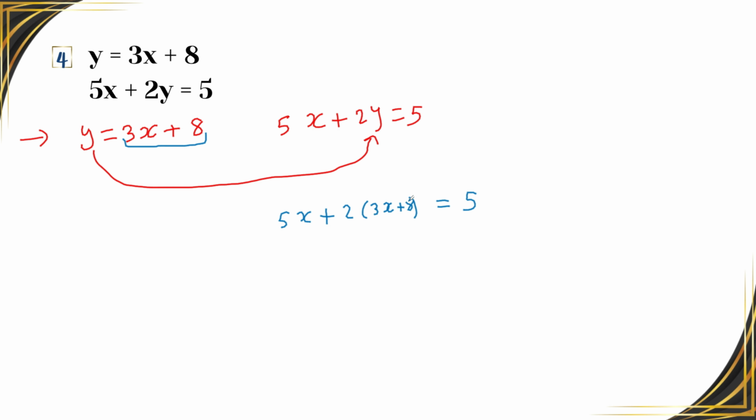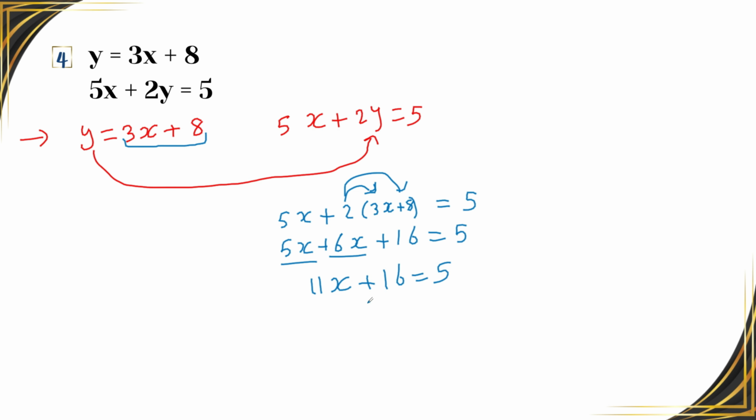Now the next step, distribute. 2 times 3x will be 6x, plus 2 times 8 will be 16, equals 5. The next step, combine like terms. 5x plus 6x will be 11x, plus 16 equals 5. Minus 16 on both sides. Then 11x equals negative 11. Divide by 11 on both sides.